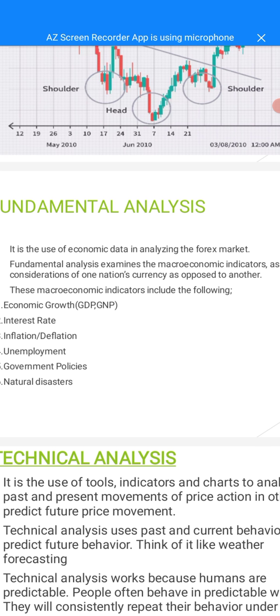These economic indicators may include natural disasters, different interest rates, unemployment rates, political issues, economic growth, government policies, and the rest of them. Let me give you a very good example. A few weeks ago, gold was on an uptrend.